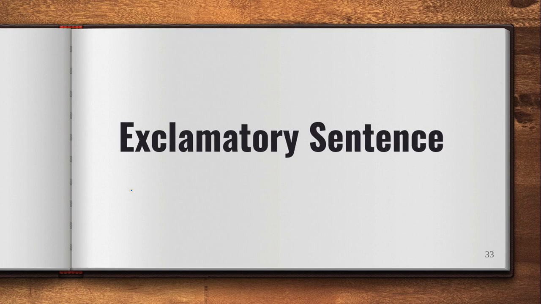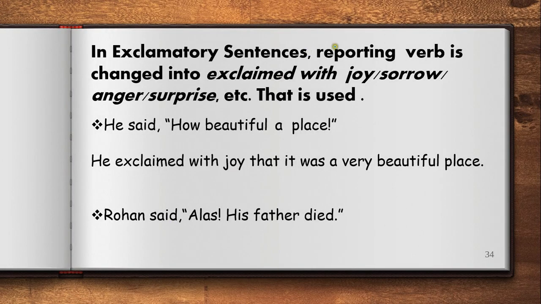So, exclamatory sentence. Exclamatory, you know that using this one. In exclamatory sentences, the reporting verb is changed into exclaimed. Exclaimed with joy, remember this is very important. Exclaimed with joy or sorrow or anger or surprise, that is used. Example. He said, "How beautiful a place."